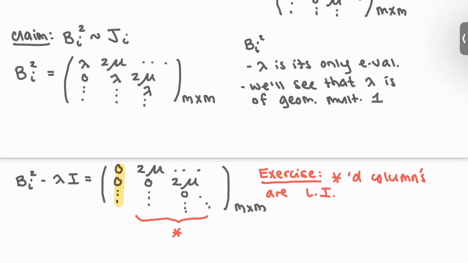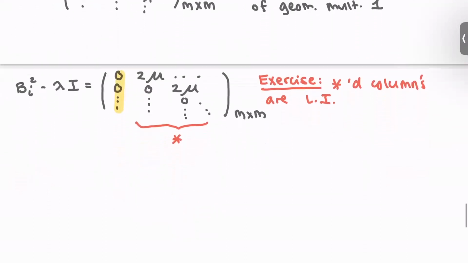And that's enough to tell us that this lambda is of geometric multiplicity 1. So what that means is that the Jordan canonical form of Bi squared consists of a single Jordan block with lambdas along the main diagonal and ones on the super diagonal. So in particular, we know that Bi squared is similar to lambda 0, 1, lambda 0.